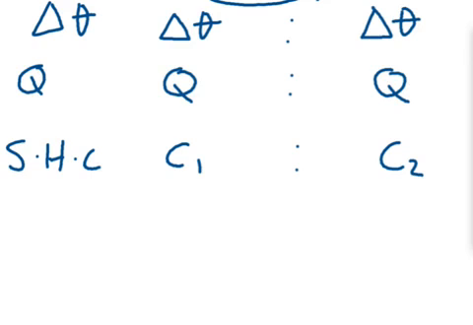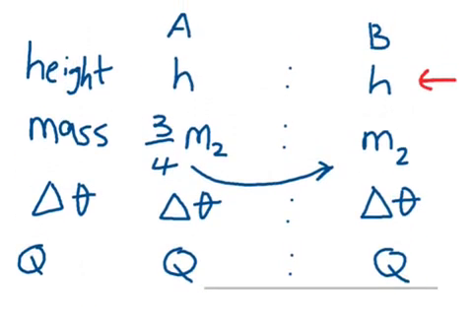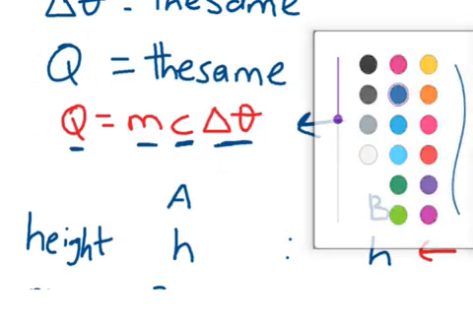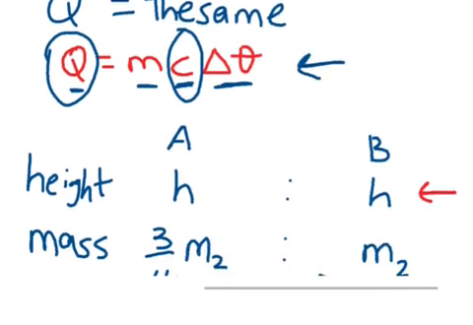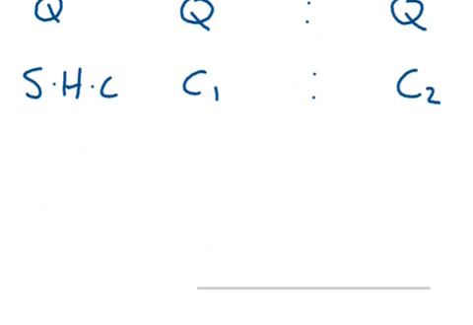Now, going back to that formula which has specific heat capacity in it, that is this. That's the specific heat capacity formula, and we have the quantity of heat on the left hand side. So we are going to take that formula and apply it to each of the cases.